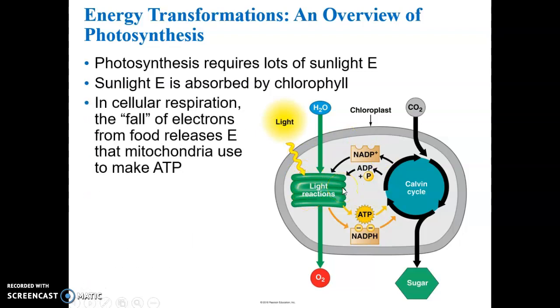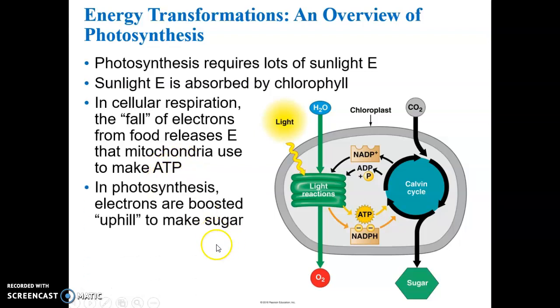the chloroplasts. So in cellular respiration, it's the energy from electrons from food digestion in the mitochondria that's used, that energy, to make ATP. Right? Remember that high energy molecule, ATP. In photosynthesis, electrons are energetically boosted up an energy hill.